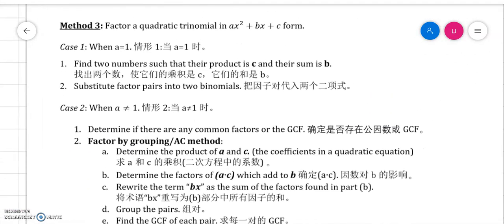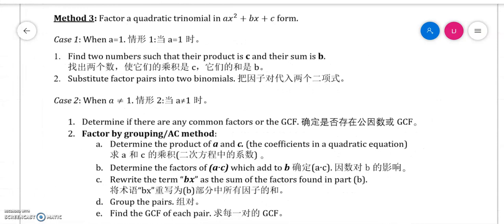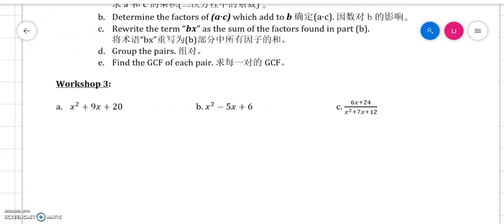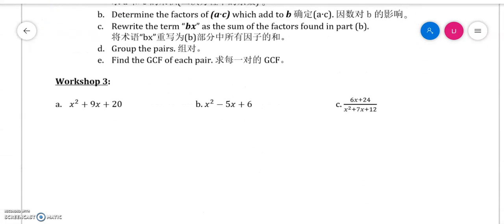So when we have trinomials, the most basic case is when a is equal to 1. We just figure out what we have to add and multiply to, and this is our standard factoring method. So for example, in workshop 3 part A, we want to multiply to 20 and add to 9.